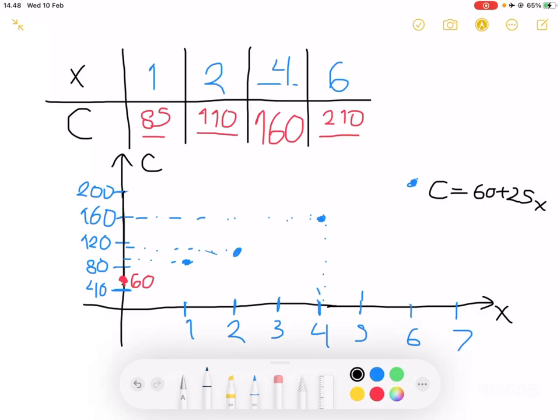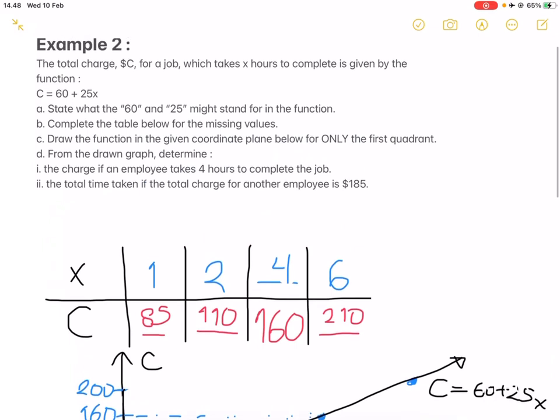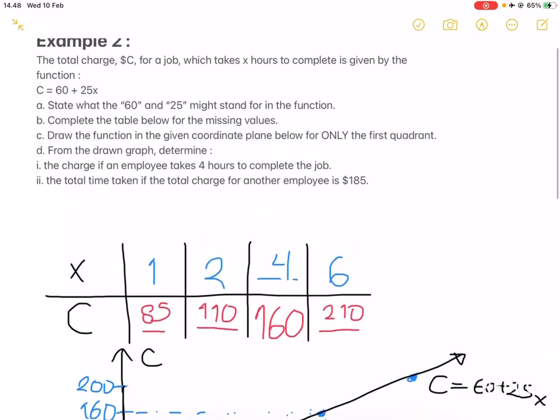And then from this we can just connect the dots. So something like that. And I'll just fix this part probably. There we go.